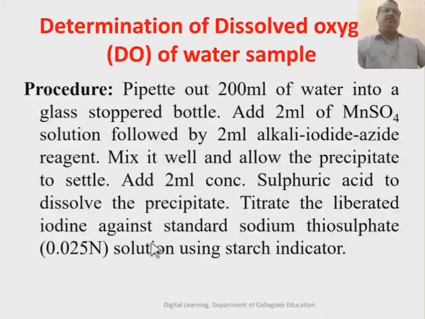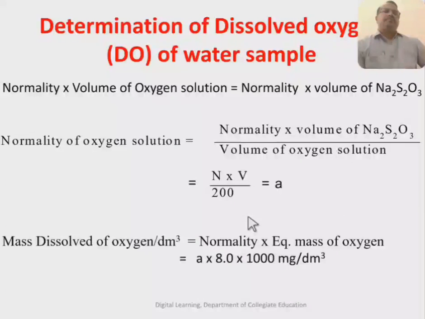Titrate the liberated iodine against standard sodium thiosulfate solution using starch as an indicator. Then repeat the titration to get concordant values.